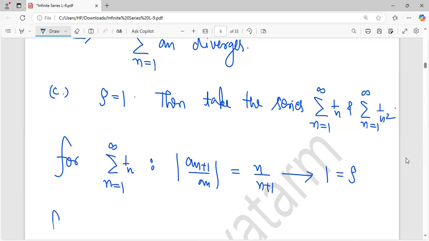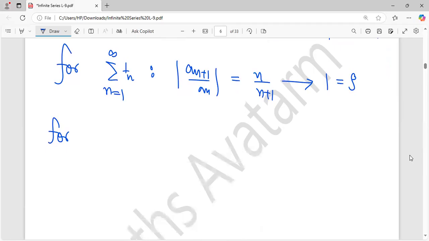Okay. Now for this series, 1 upon n square, what is a_{n+1} upon a_n?